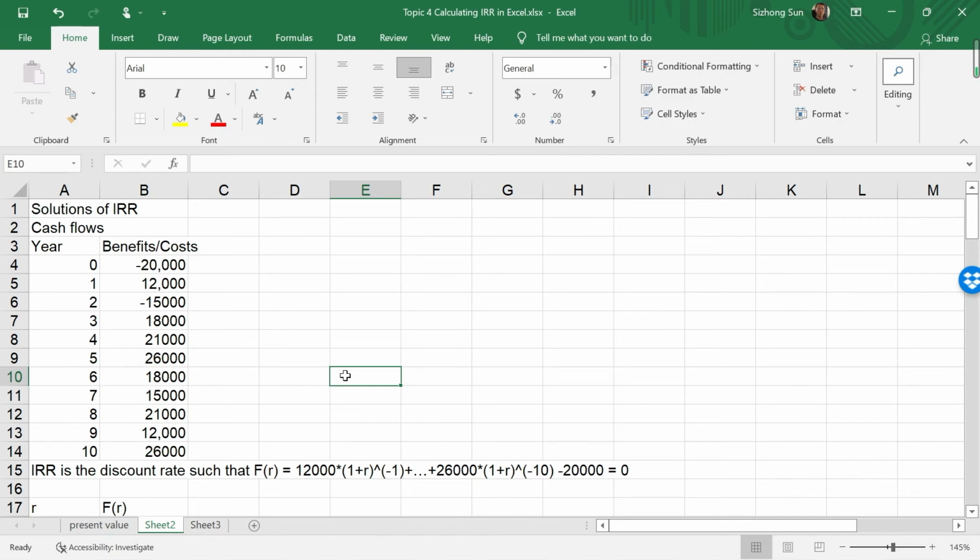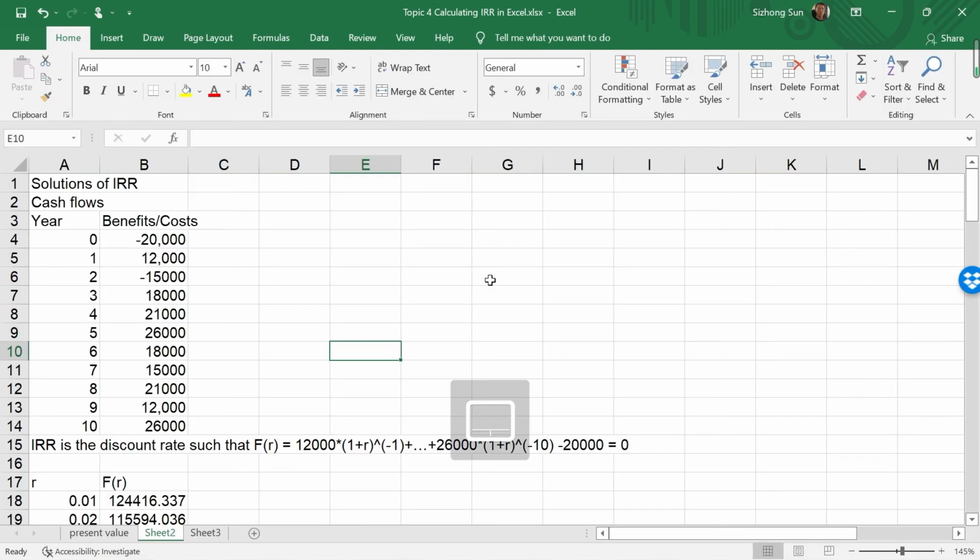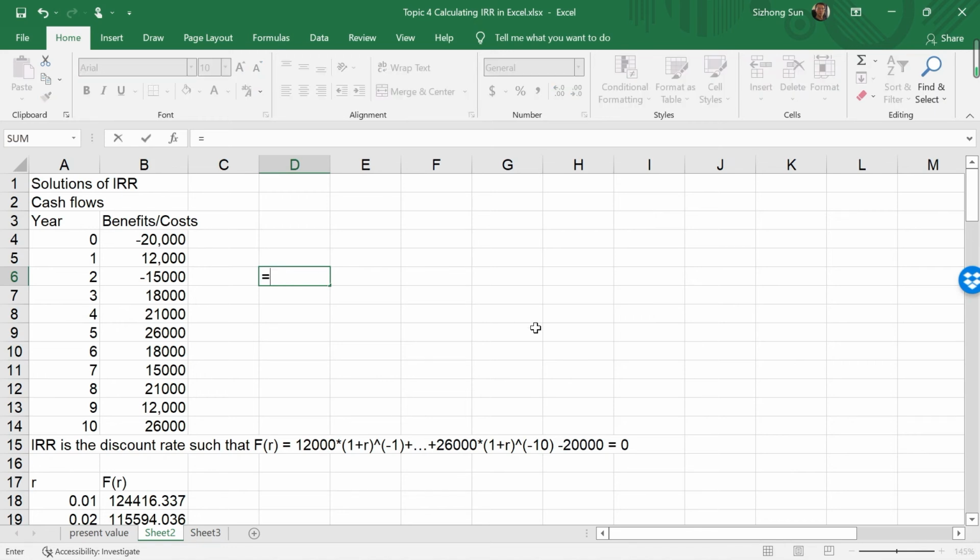Okay, it's easy. We can just use the inbuilt IRR function. So the input data will be B4 to B14.